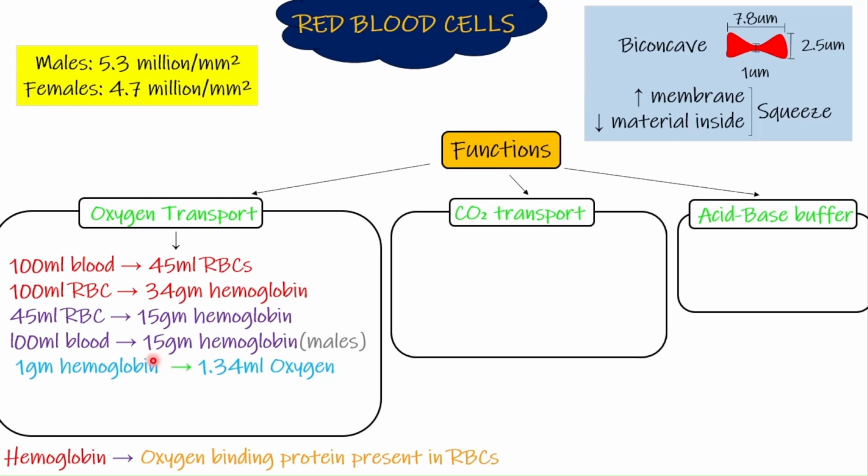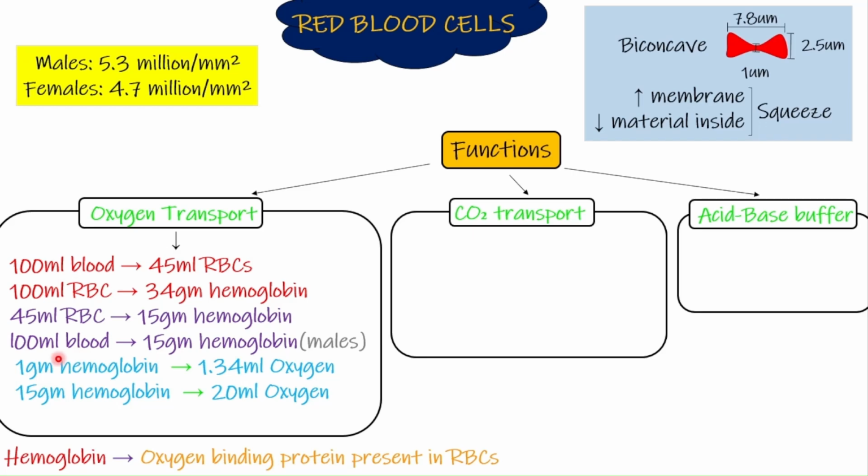So 15 grams of hemoglobin will carry 1.34 multiplied by 15. If 1 gram of hemoglobin can carry 1.34 ml of oxygen, then 15 grams of hemoglobin can carry around 20 ml of oxygen.